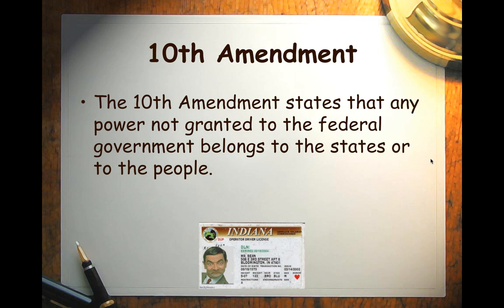So the Elastic Clause, you'll remember, can stretch to give the federal government, the national government, all sorts of powers that maybe weren't intended or maybe weren't thought of by the framers of the Constitution. But on the other side, the 10th Amendment is the amendment that says, well, if it doesn't explicitly say it, then it belongs to the states, not the federal government. So, think of it as a pendulum that is continually swinging back and forth between the states and the federal government with regard to power and authority. 10th Amendment.